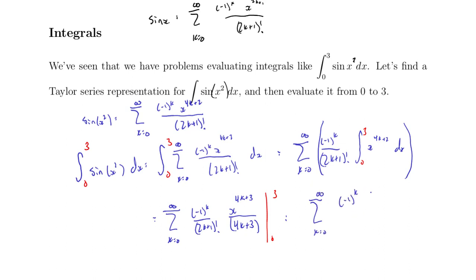This is negative 1 to the k, and now we have 3 to the 4k plus 3 over 2k plus 1 factorial times 4k plus 3, minus whatever happens when you put in 0, which is just 0. So we're left with just this series.